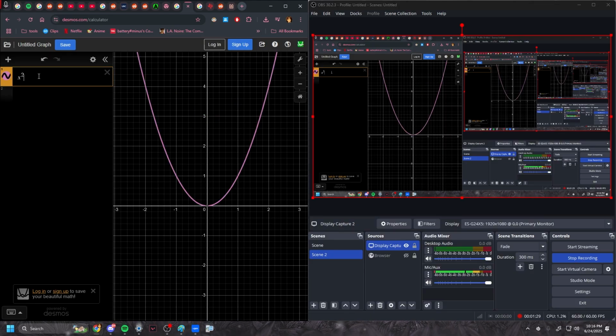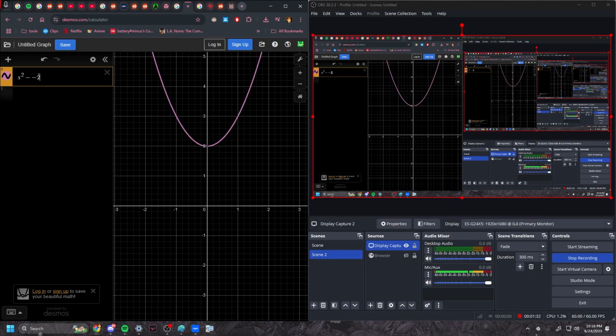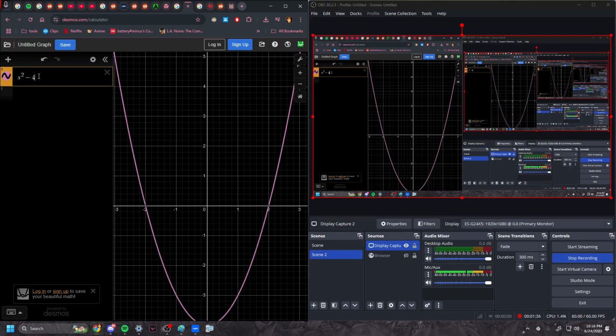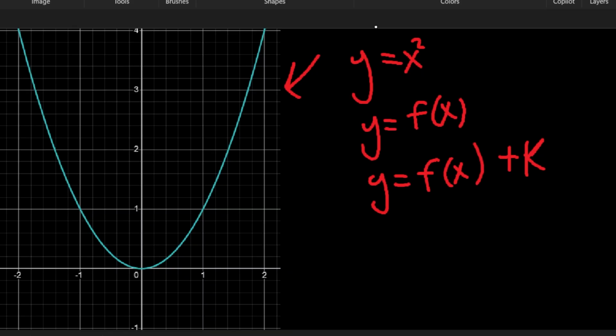But what if you were to shift it down? -1, -2, -3, -4. It goes down the amount of units you type. So here, 4. We can denote the constant we add or subtract by as k. And remember, k only affects this graph vertically, right? You do +1, it'll move here.